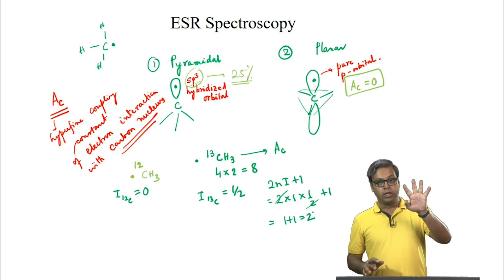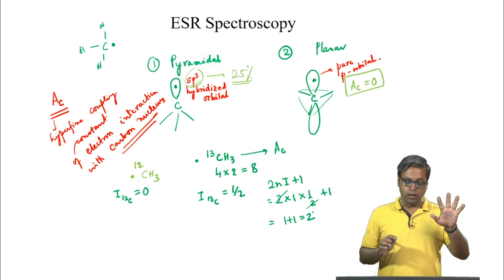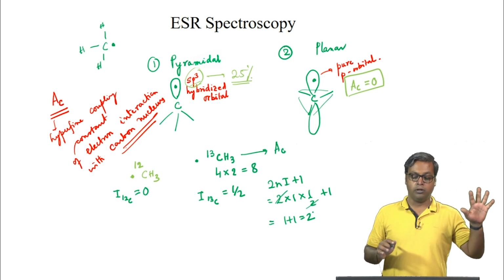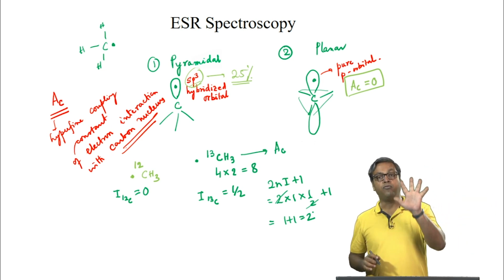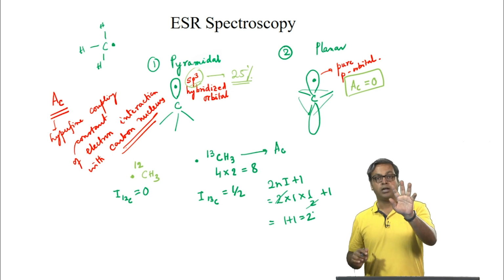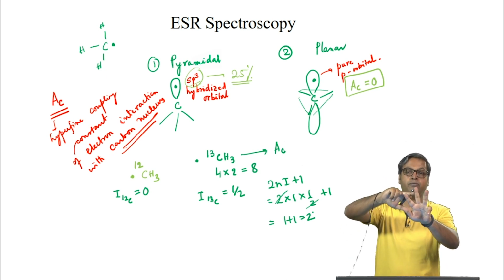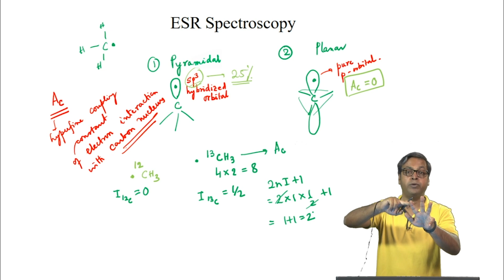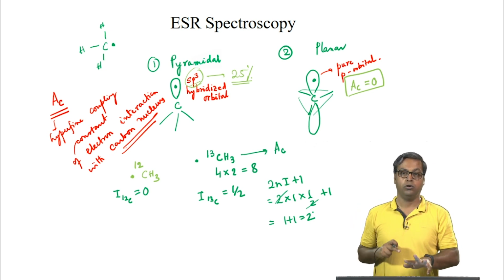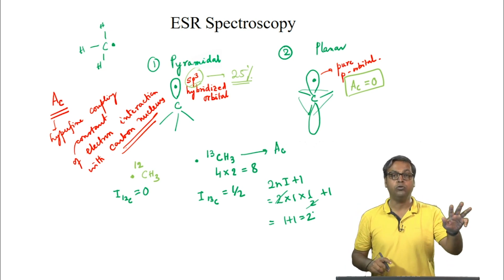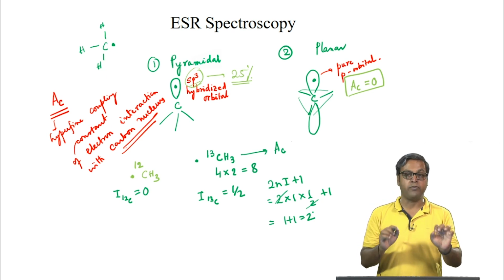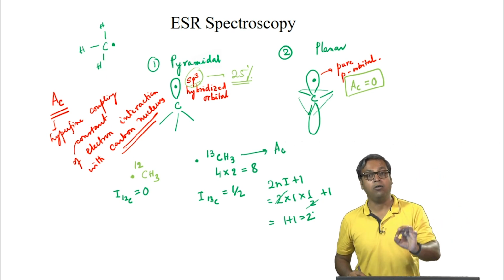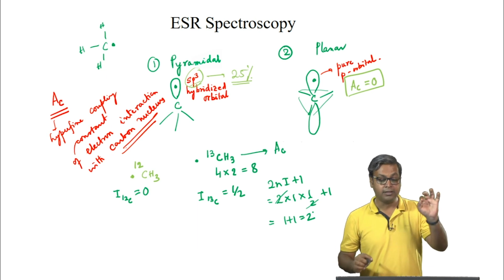If we did not have this carbon 13 nucleus, we had 4 hyperfine structures. Now, these 4 hyperfine structures would individually split into 2. So, we will have 4 times 2, that is 8 hyperfine structures, and this is how we can in principle obtain the value of A C.